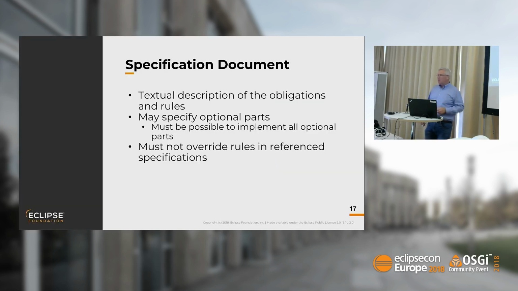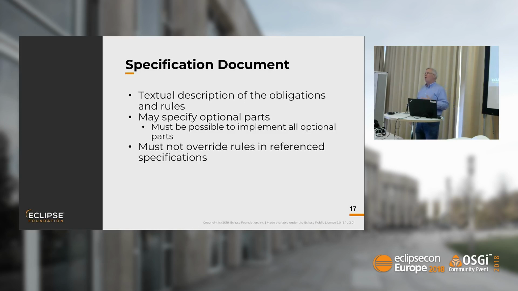So the spec document, I probably just said everything for the next 5 slides. So the spec document is obviously text. There may be optional parts, but it must be possible to implement all optional parts. And there is a rule that when we say there has to be at least one compatible implementation, that compatible implementation has to implement all of the optional parts, right?